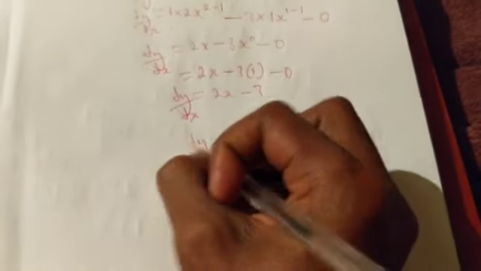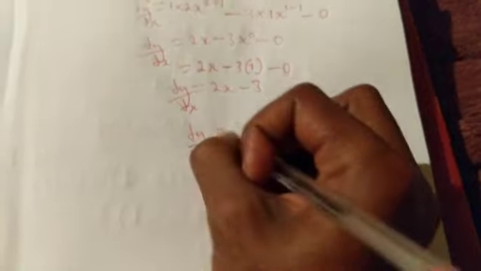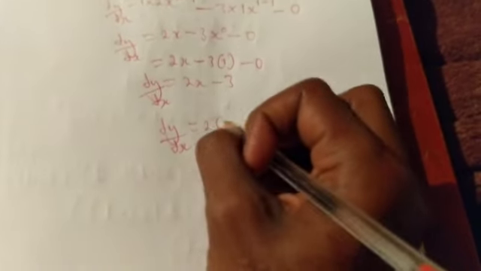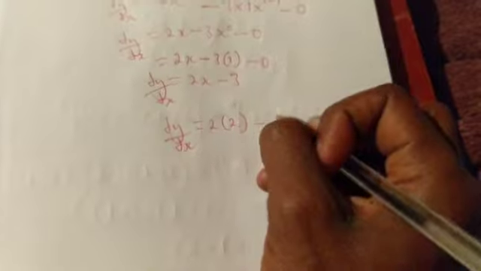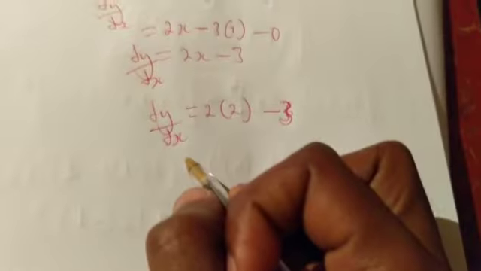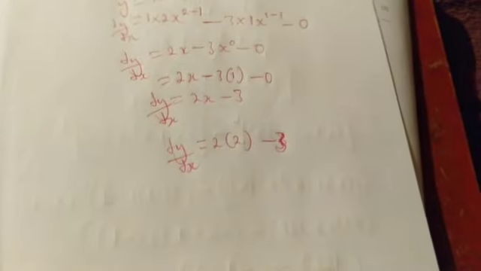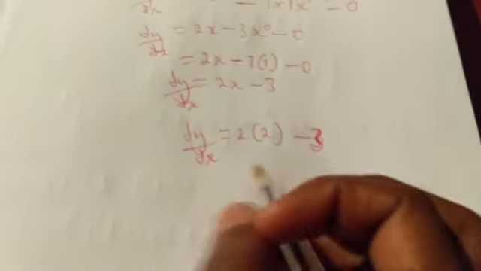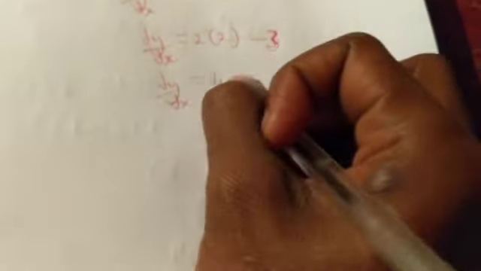So we say dy over dx is equal to 2 times 2 minus 3. When we do the calculation, dy over dx is equal to 4 minus 3. Hence our answer will be 1.